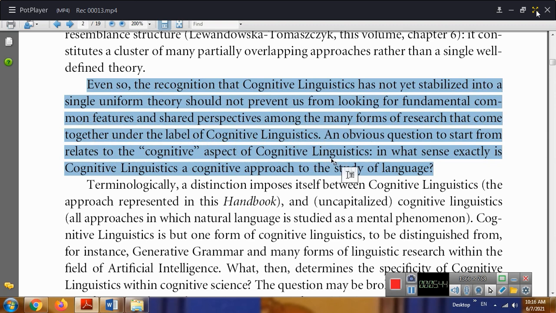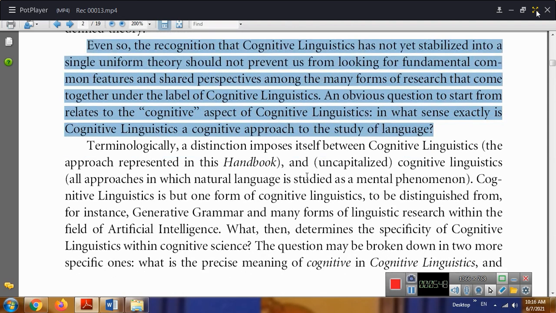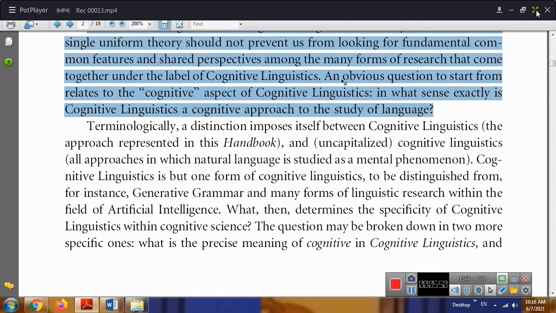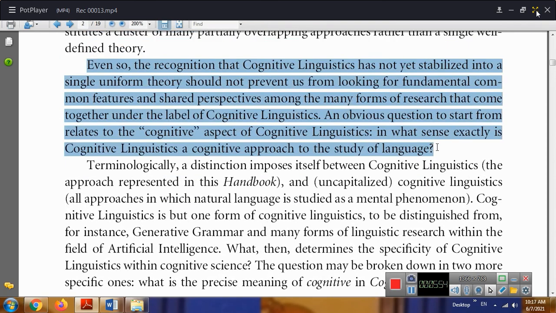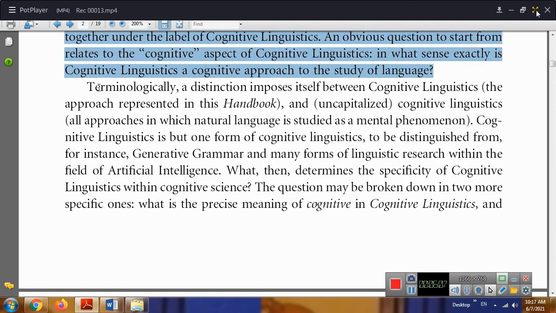In what sense exactly is cognitive linguistics a cognitive approach to the study of language? This paragraph is not important. It just raises a question about the nature of cognitive linguistics and asks about its approach.